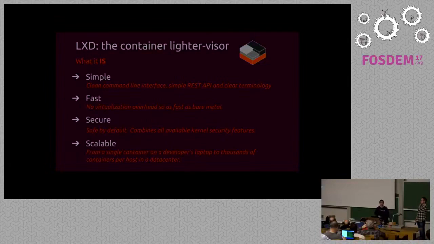We use every single security feature that exists in the kernel to make those containers as safe as you can possibly make them without turning them into a full-fledged virtual machine. And it's scalable. It works perfectly fine for your day-to-day development on your laptop, which is what I'll show you afterwards. But it also scales to thousands of containers, which is what James will be talking about afterwards if you use it through OpenStack.